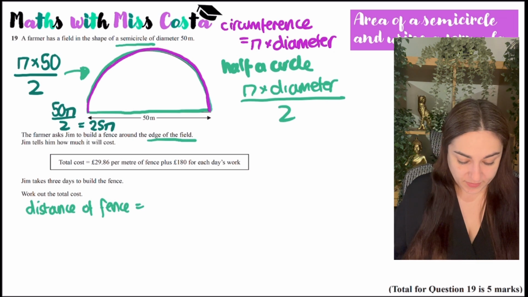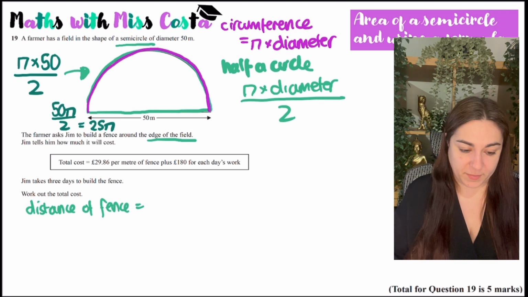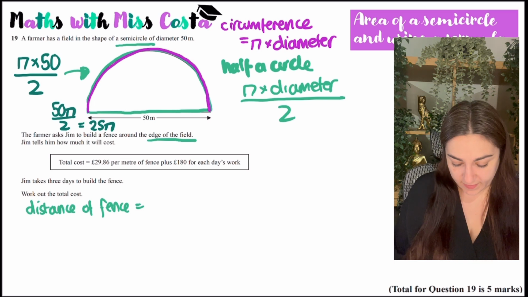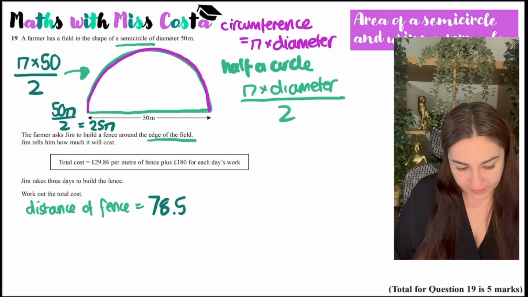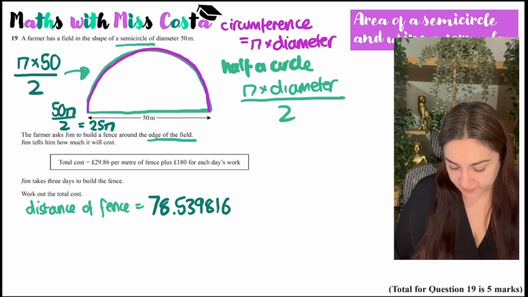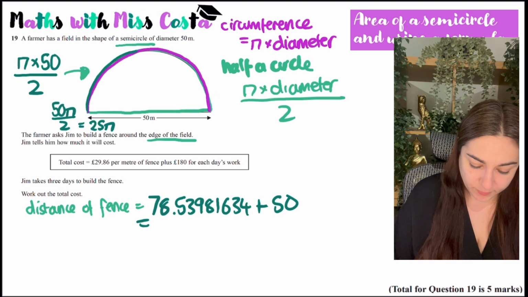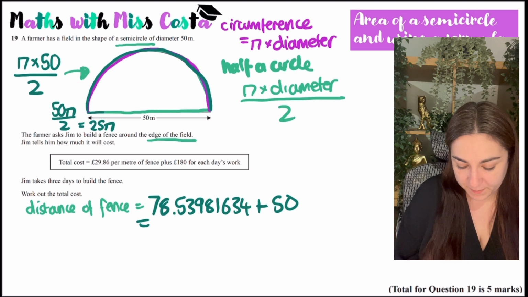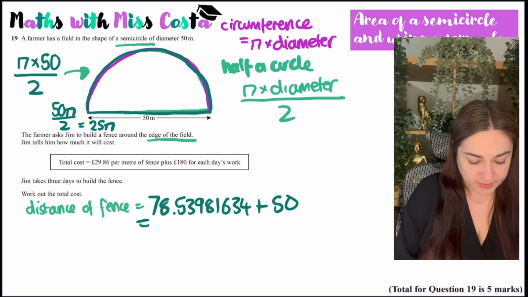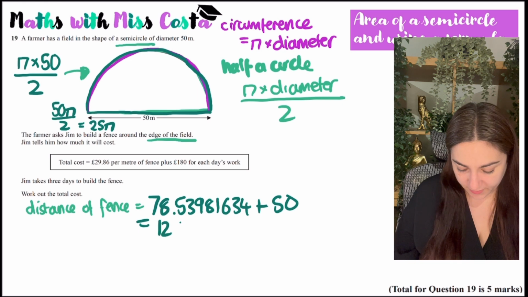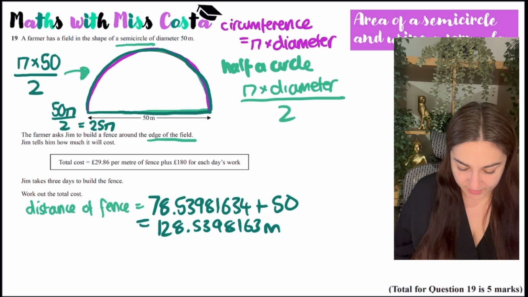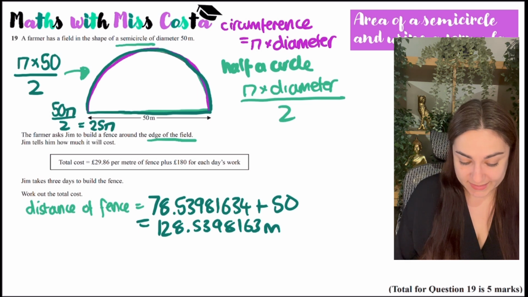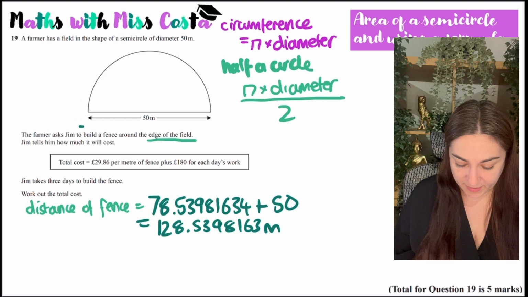So shift pi times 50 and then divide it by 2 because it's half a circle is 78.5398164 plus 50, because I've worked out this bit here by working out the circumference, just the circular bit, but then I need to add on this bit as well. So that's going to give me a total distance of 128.5398163 meters.